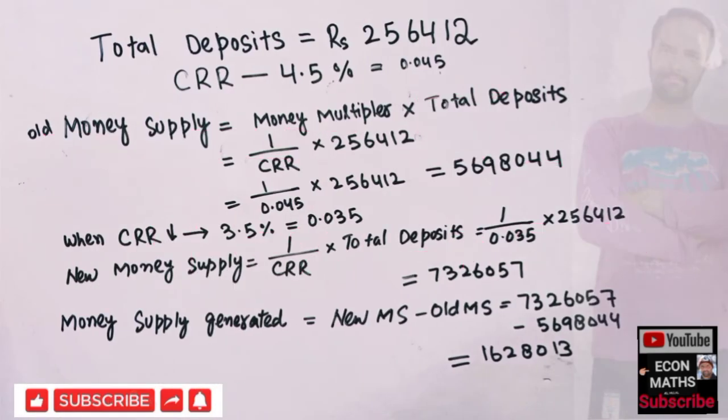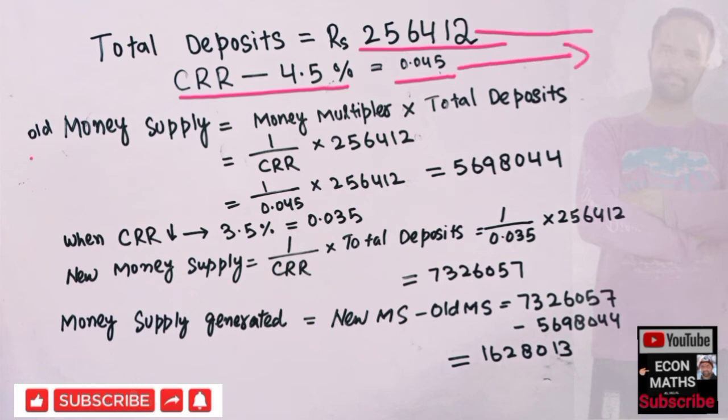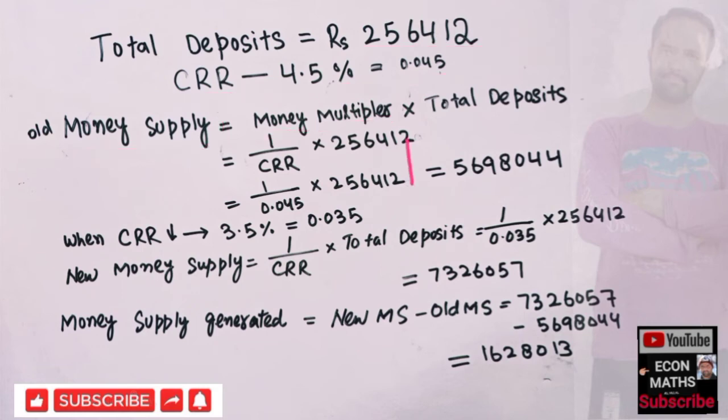So what we are being given, total deposits, that is 2,56,412. Originally our CRR is 4.5%, which can be written as 0.045 if we write them in decimals. Okay, then money supply that will be generated will be equal to the money multiplier times the total deposits. Money multiplier is given by 1 upon CRR, 1 upon cash reserve ratio times the total deposit.